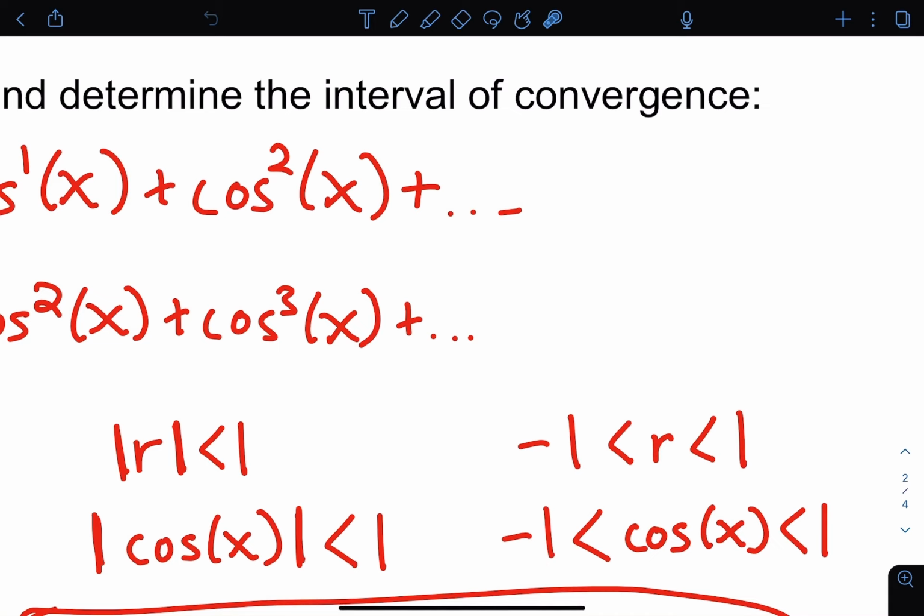Now it gets a little tricky. We have to think about the unit circle. We can't have equal to's here in order for this to work. So when does cosine equal 1? That's at 0, 2 pi, and then anything coterminal to those. When does cosine equal -1? Pi, 3 pi, and any more coterminals of those.